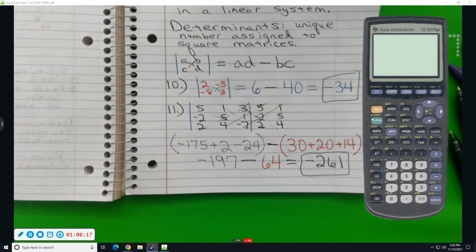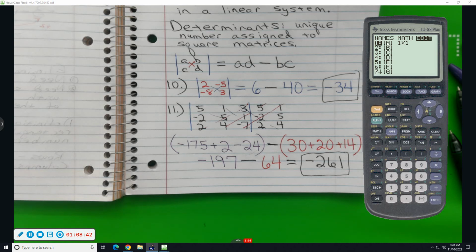But anyway, if you're going to punch this into your calculator like this one, you've got to first hit the matrix key, which is in yellow right there. You go second matrix, and you have to enter all these numbers. To do that, you've got to go to edit. You need to tell the calculator what size matrix you're entering, and which one of these matrices you want to use.